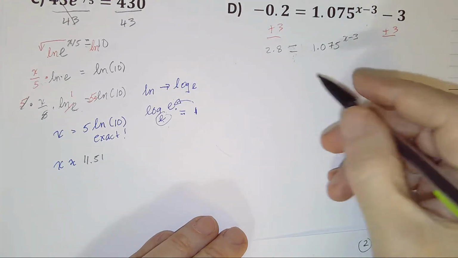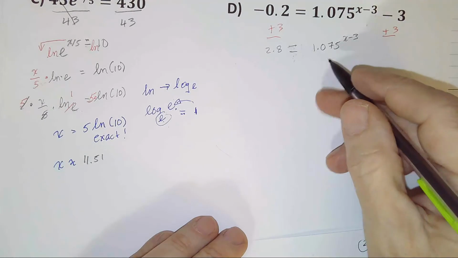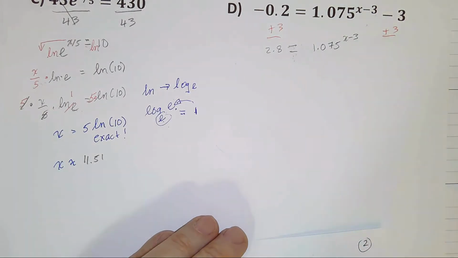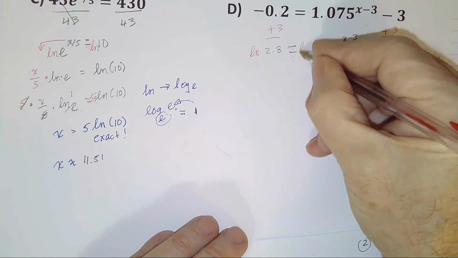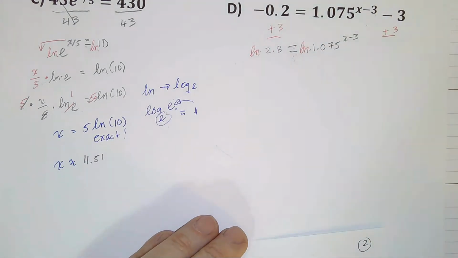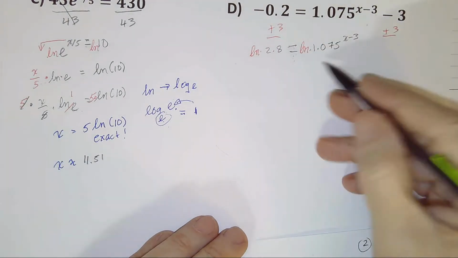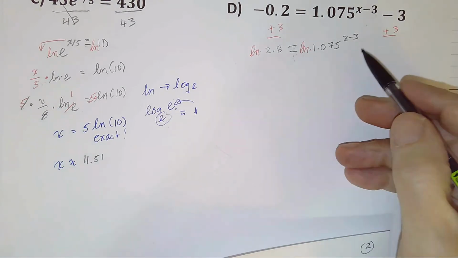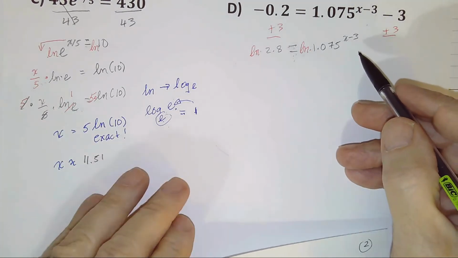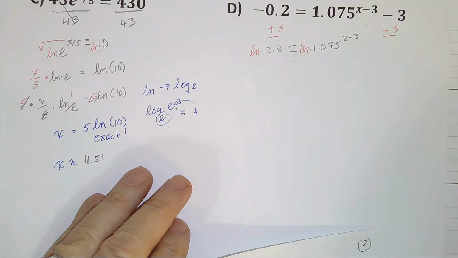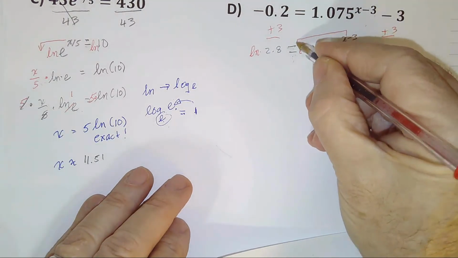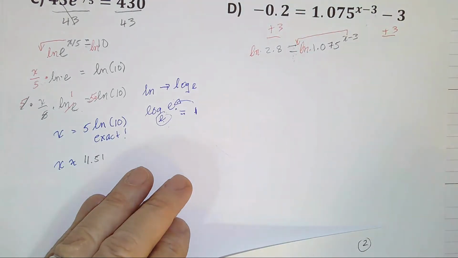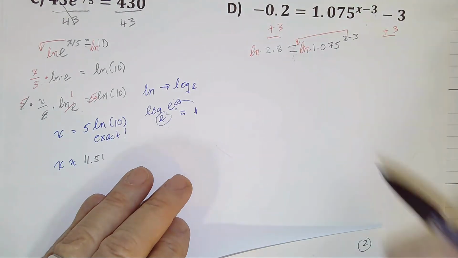So now I'm going to drop my natural logs in. So I'm going to multiply 2.8 times the natural log, and the right-hand side, 1.075 to the x minus 3, times the natural log. And then that allows me, of course, to then drop my exponent down. I'm going to be doing that down at the bottom.